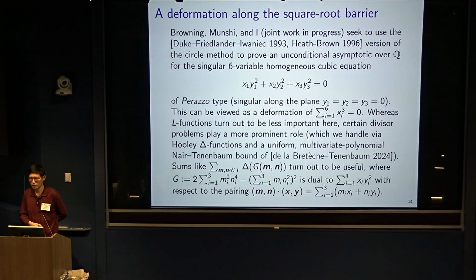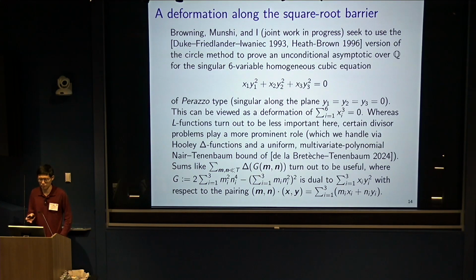And it turns out that L functions are not going to play the same important role that they did for the Fermat, but instead we're going to get some divisor type problem involving a discriminant polynomial. I mentioned the discriminant polynomial delta C for the Fermat, the sum of 6 cubes equals 0. Here, there's a simpler discriminant polynomial, which is of degree 6 instead of 48.